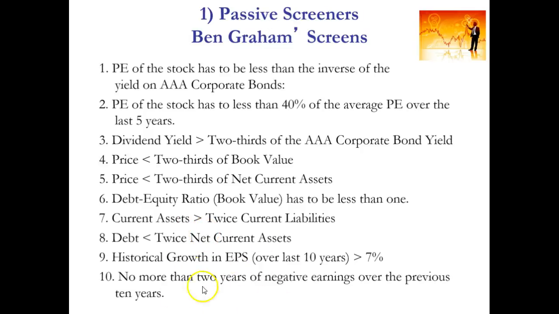But also firms that have strong prospects, because he's looking here at historic growth in earnings per share greater than 7% and no more than 2 years of negative earnings over the past decade. So a range of different ways, and when all these rules come together, he's looking at firms with solid business fundamentals that have a low price relative to some measure of their fundamental value.